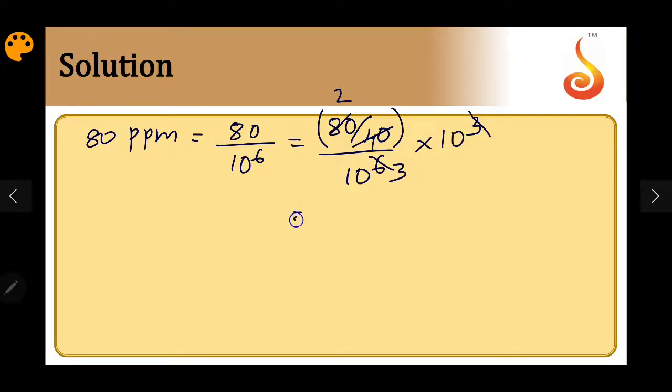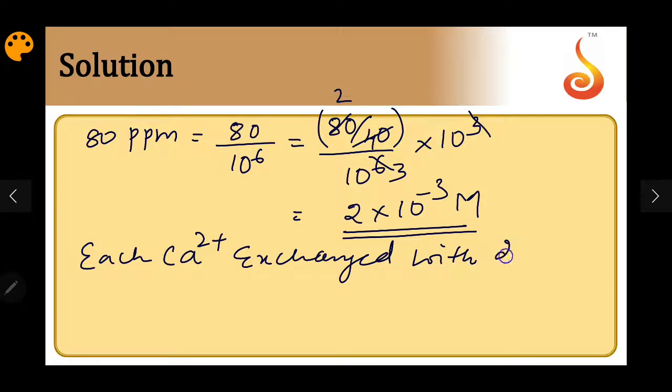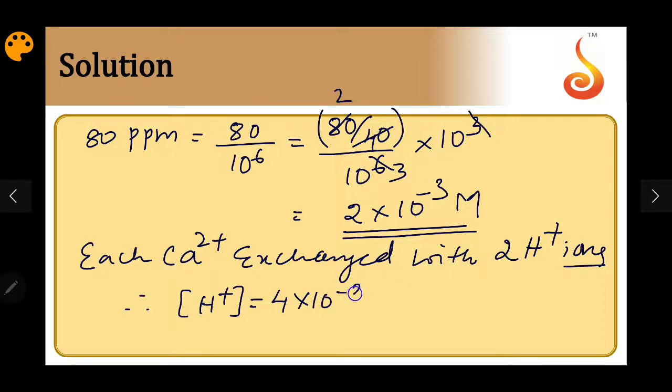So this is equal to 2 into 10 power minus 3 molar. Now you know that each calcium is exchanged with 2 H plus ions. Therefore, concentration of H plus becomes 4 into 10 power minus 3.